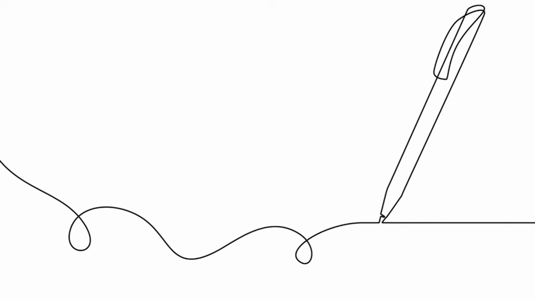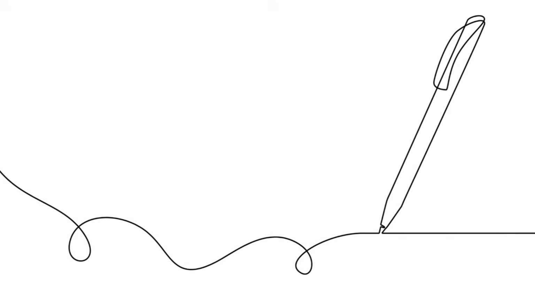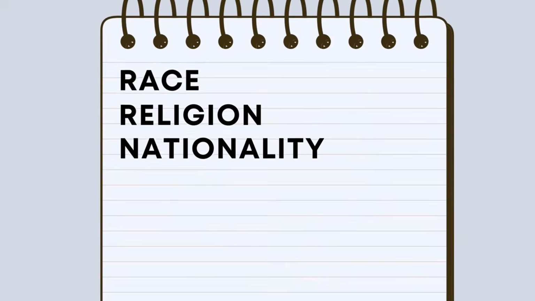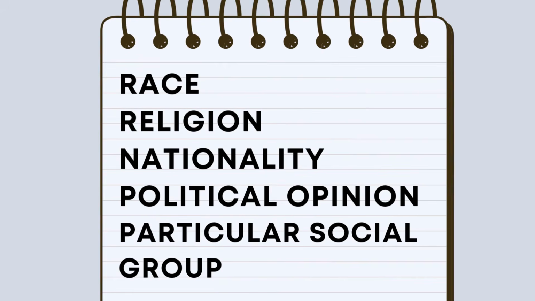1. That you have been harmed or have good reason to fear that you will be harmed in your country of origin. 2. That this harm is because of at least one of these 5 specific reasons: your race, your religion, your nationality, your political opinion, or because you belong to a particular social group. 3.